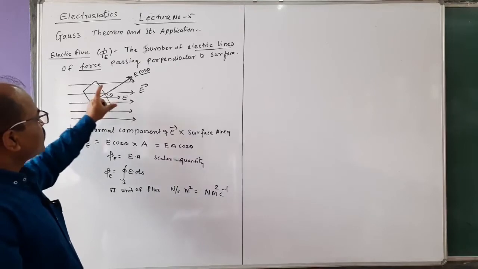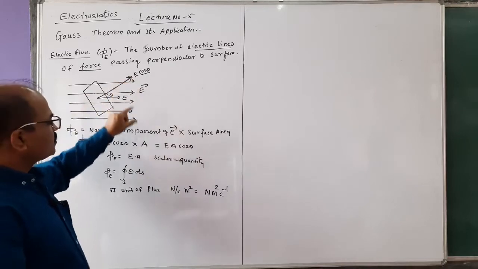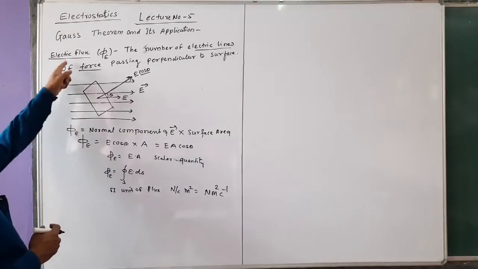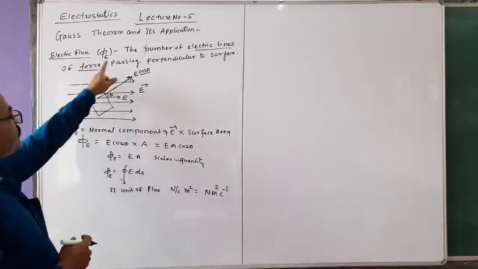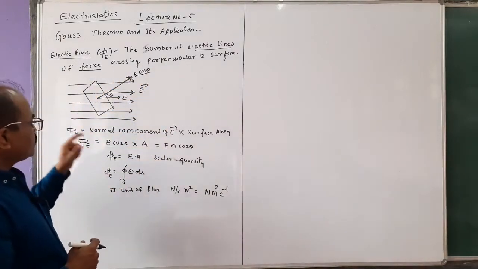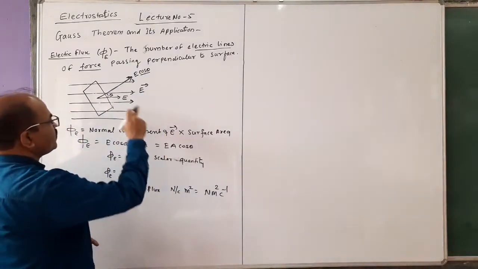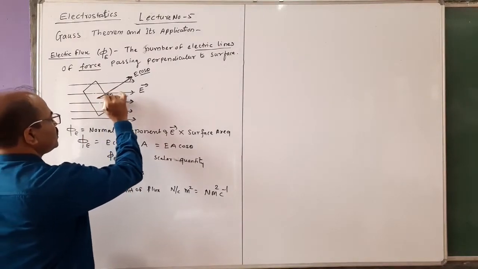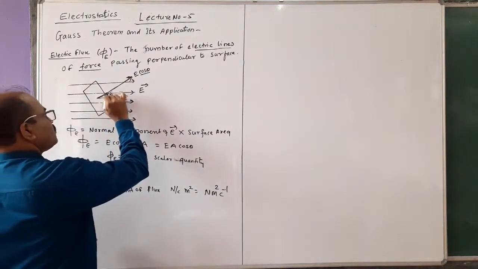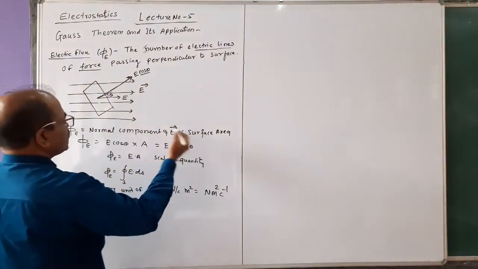So what is the electric flux? The number of electric lines of force passing normally to the surface is known as electric flux. This is important in the Gauss theorem, so first understand what flux is. Electric flux equals the normal component of the electric field, normal meaning normal to the surface placed inside the electric field, times the surface area.